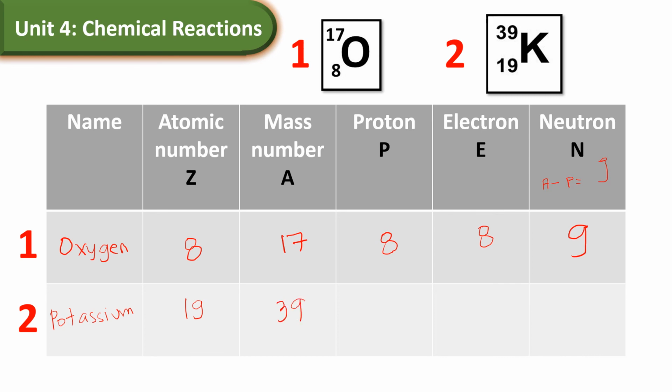How about number of protons? I will look at the atomic number and it tells me it's 19. How about electron? It has the same number as your proton, which is 19. How about your neutron? Again, neutron is mass number minus proton. So that means 39 minus 19, and you will have 20.